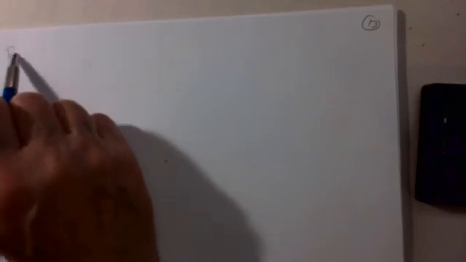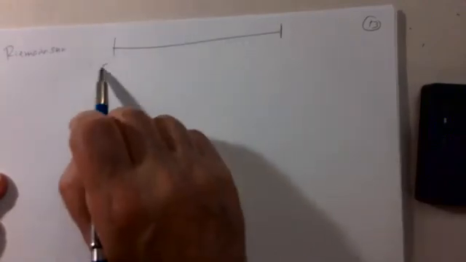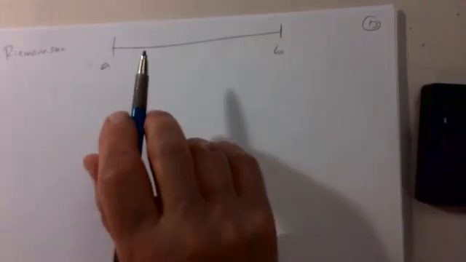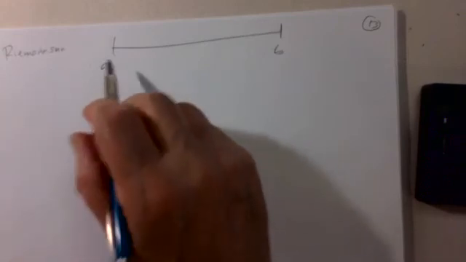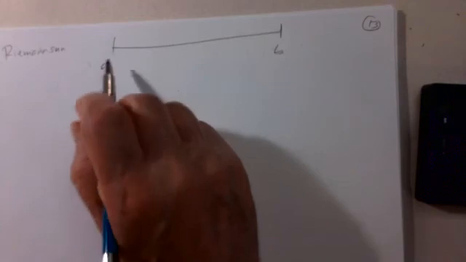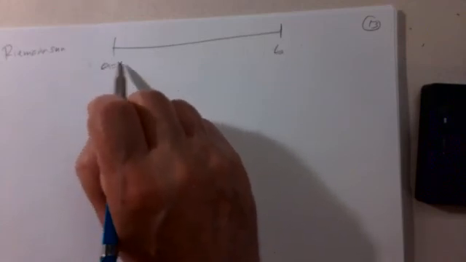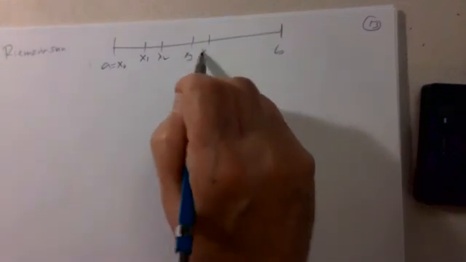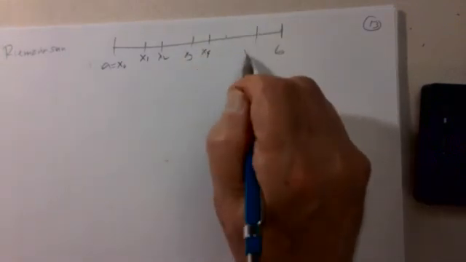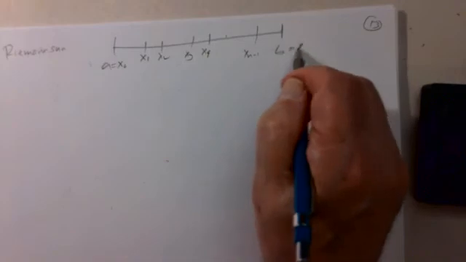So the general definition of a Riemann sum is as follows. You have the interval from a to b, and we divide it up into n pieces, not necessarily of equal length, so that a equals x0, x1, x2, x3, x4, and so forth, x sub n minus 1, and b is equal to x sub n.